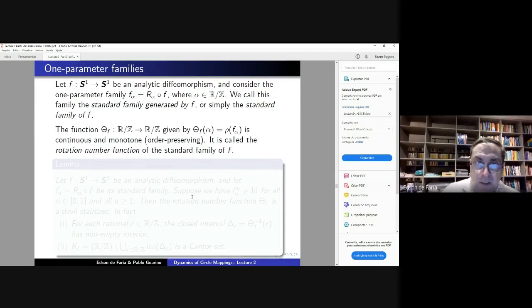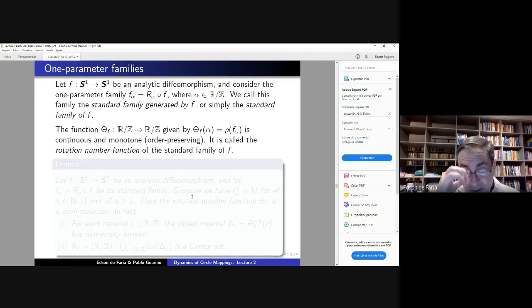So as you increase alpha from 0 to 1, the rotation number increases. Now, what I really mean is that the rotation number function, as a function from R mod Z to R mod Z, is order preserving. It's actually orientation preserving, if you will.